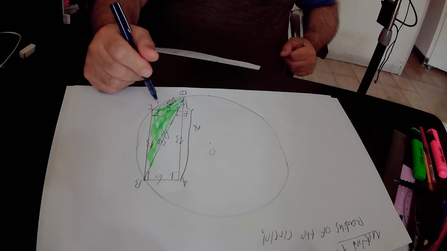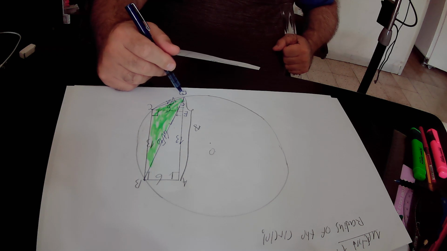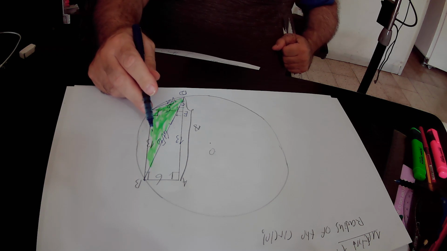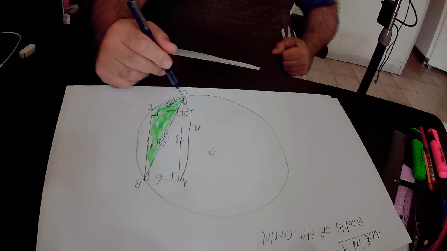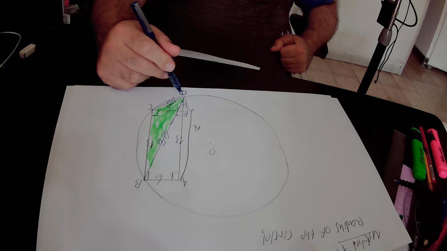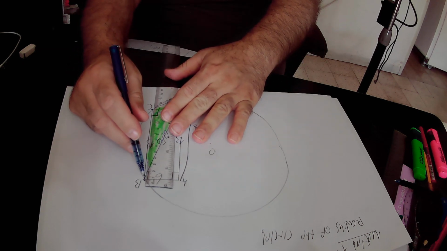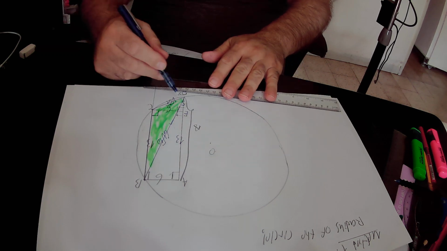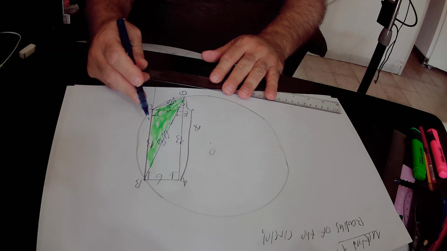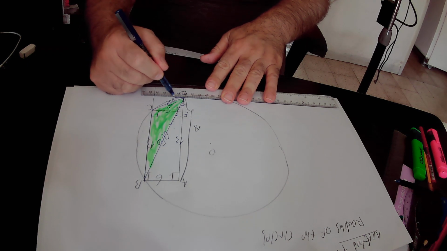So we will take the vertex D of the green triangle BDC, and from the vertex D we will draw a perpendicular on the extended BC. We'll extend BC by a straight line, and then from point D, the vertex of the green triangle DBC, we'll draw a perpendicular on the extended BC.